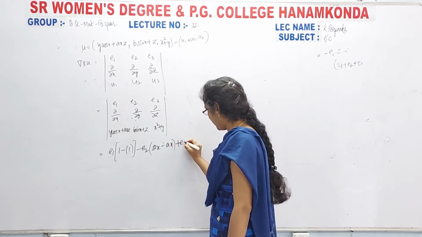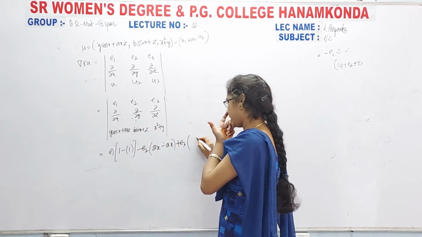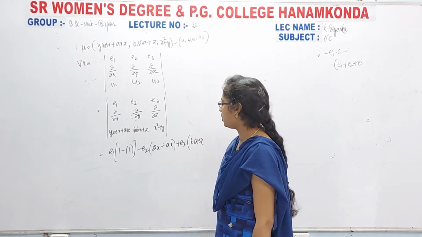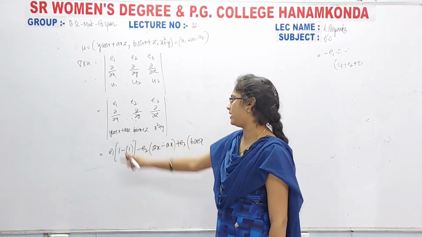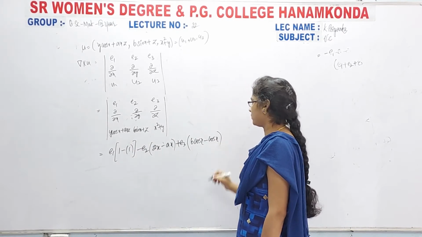Next plus E3, dou by dou x of this one, b sin x, we will get b cos x plus 0. The next dou by dou y of this value, then we get minus cos x, that is it.